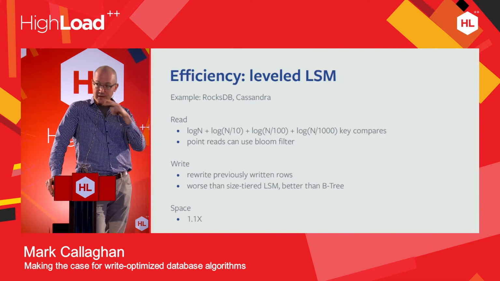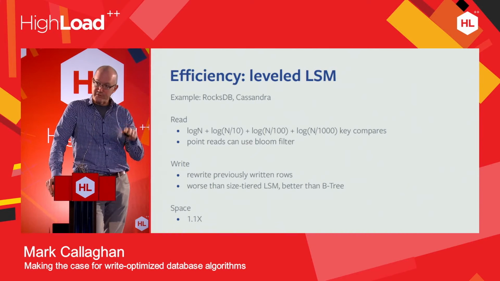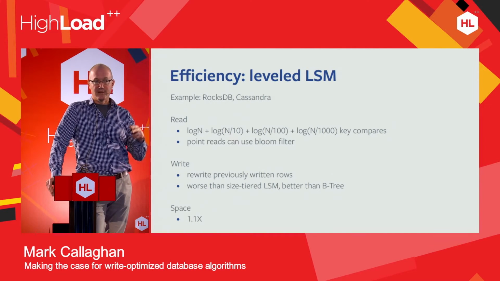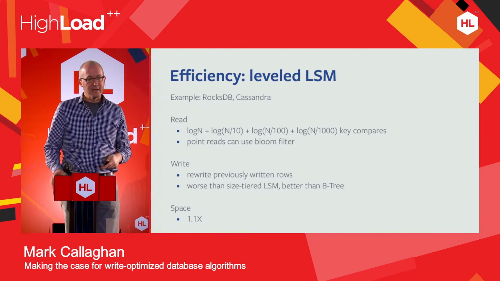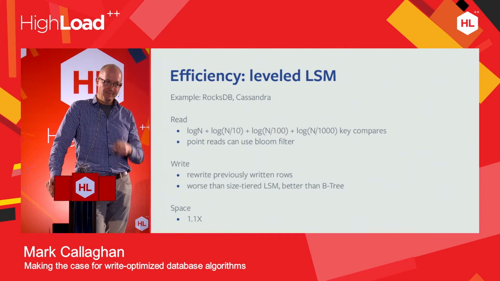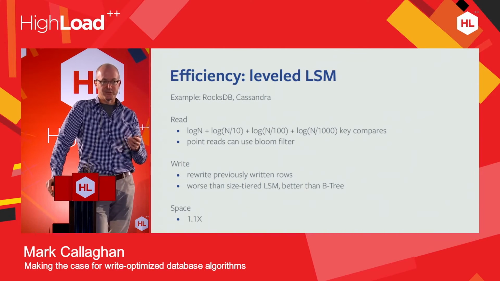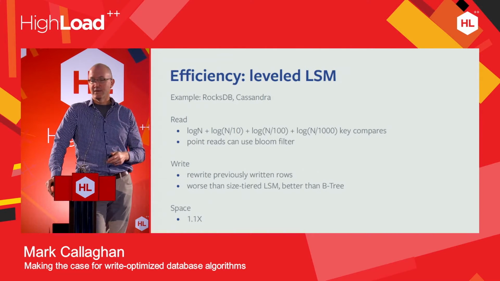So the number of key comparisons to search all of these trees would be log n, log n over 10, log n over 100. For now, I'll just round that up and claim that that's 2 times log n, but someone can do the math.